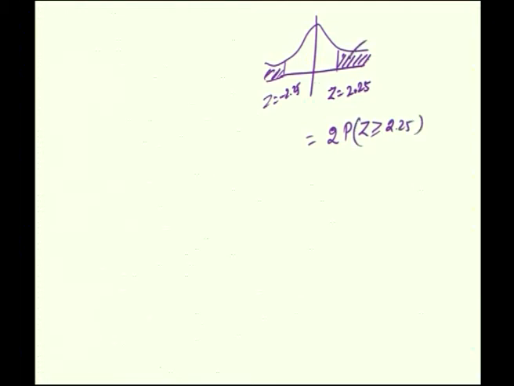Now, what is this particular value? For 0 to 2.25, just see the diagram, Z is equal to 0, Z is equal to 2.25. Look up 2.2, then 5.